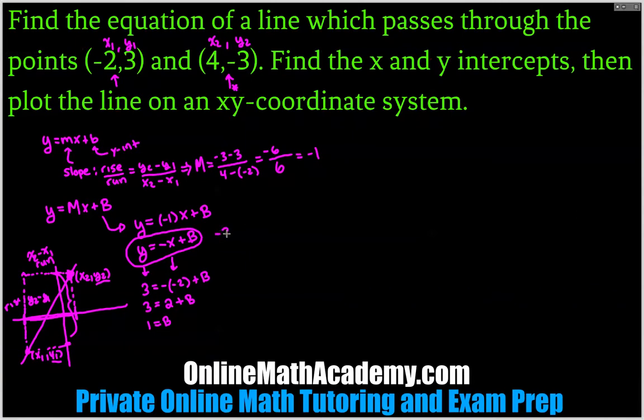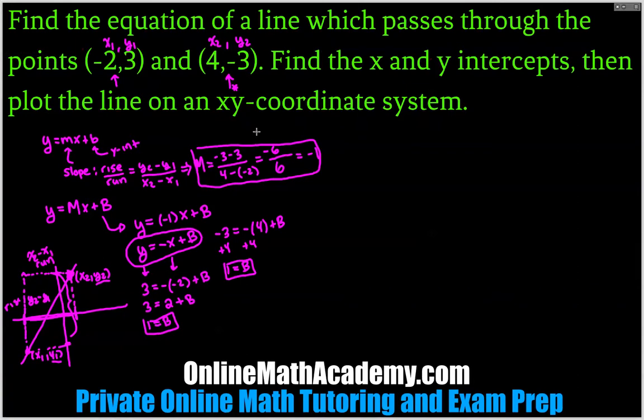And we're going to say negative 3, which is y, equals negative 4 plus b. So that's negative 3 equals negative 4 plus b. So let's add 4 to both sides. And we get 1 equals b. And notice that that b is the same as the b we had before. Let's not forget this m.